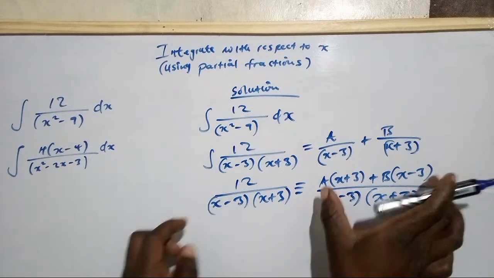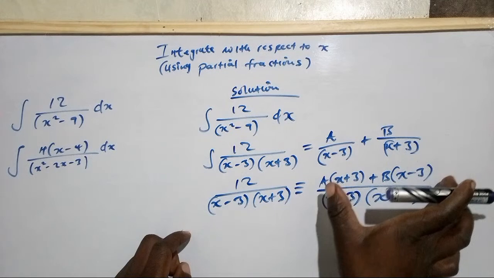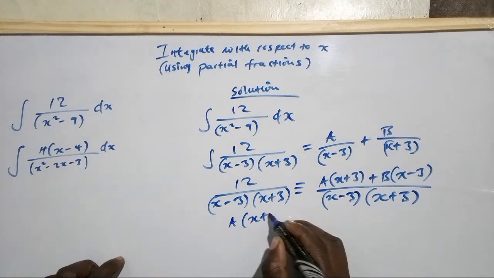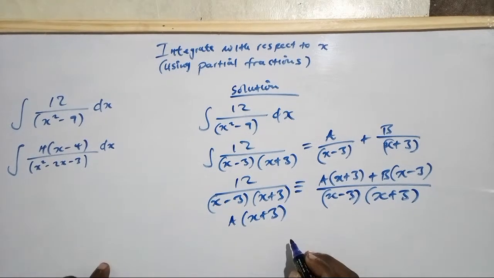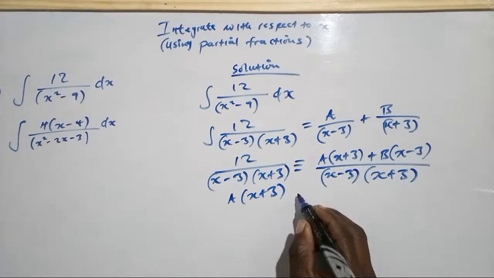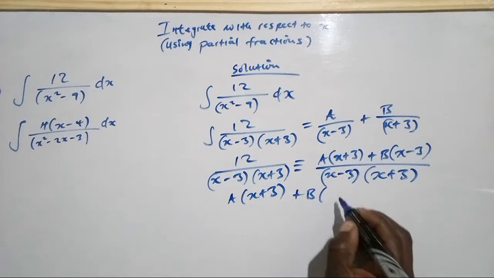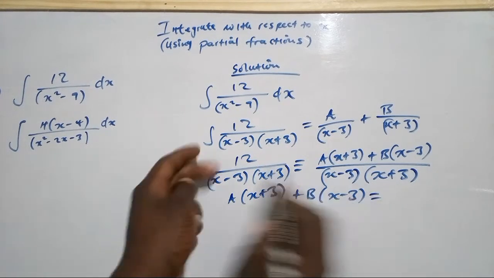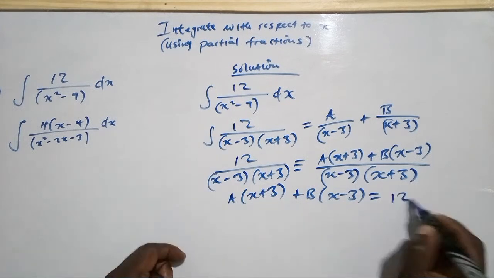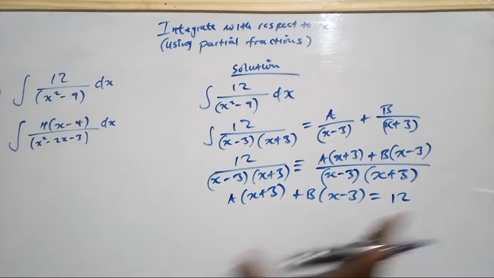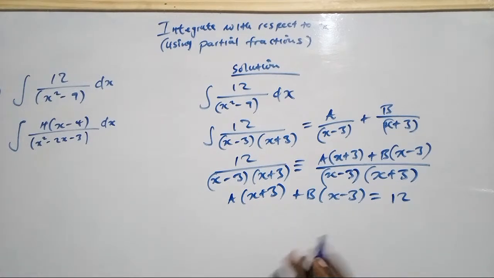So we're going to equate the numerators: A open bracket x plus 3 in the bracket, plus B open bracket x minus 3, which should be equal to this 12 here, because we have equated each side to be equal to each other, right?